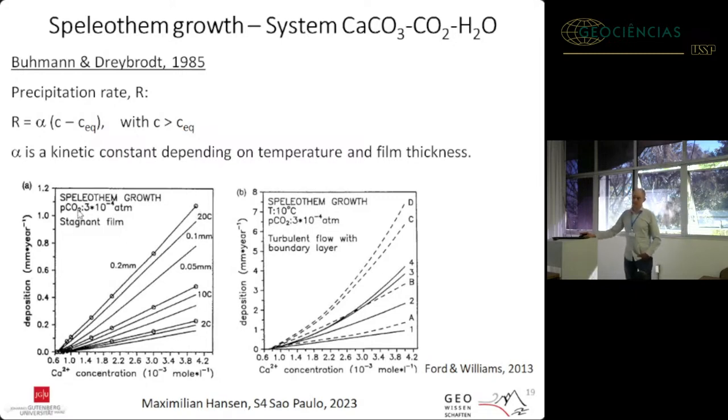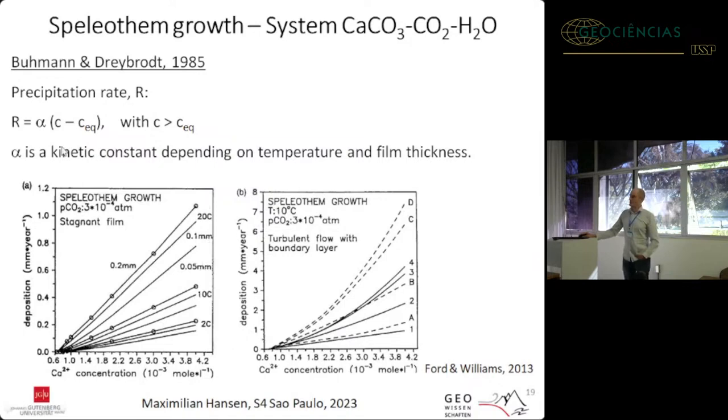That would be a stagnant film, which is just lying on top of a speleothem. And they also did it for a turbulent flow, with a boundary layer, a flowing solution, and then the precipitation is going on in the boundary layer on top of the speleothem. And yeah, you see you get very different deposition rates for different film thicknesses.